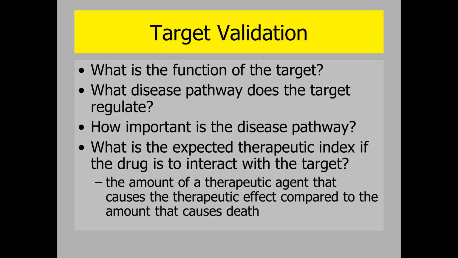But if you need a large amount of the agent in order to have that effect, then the problem is you're going to have a bigger side effect profile. It'll be harder to dose an individual correctly.